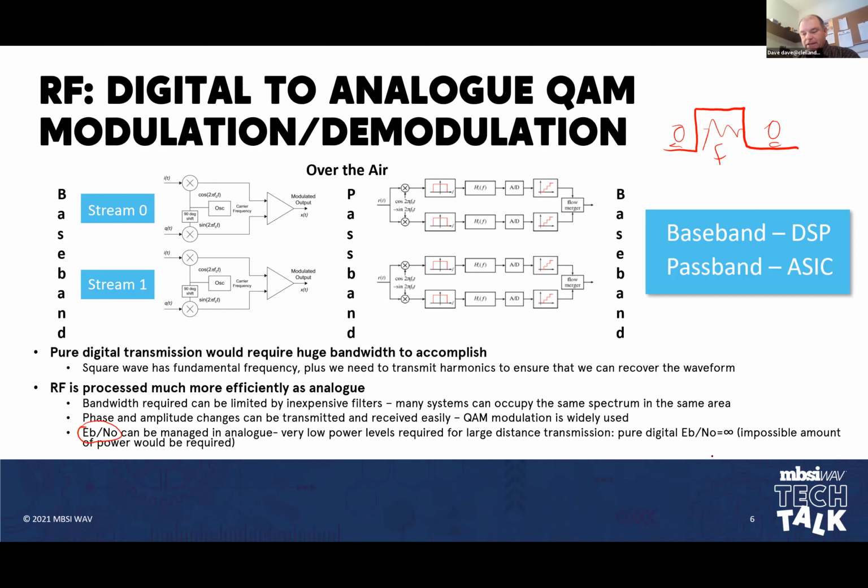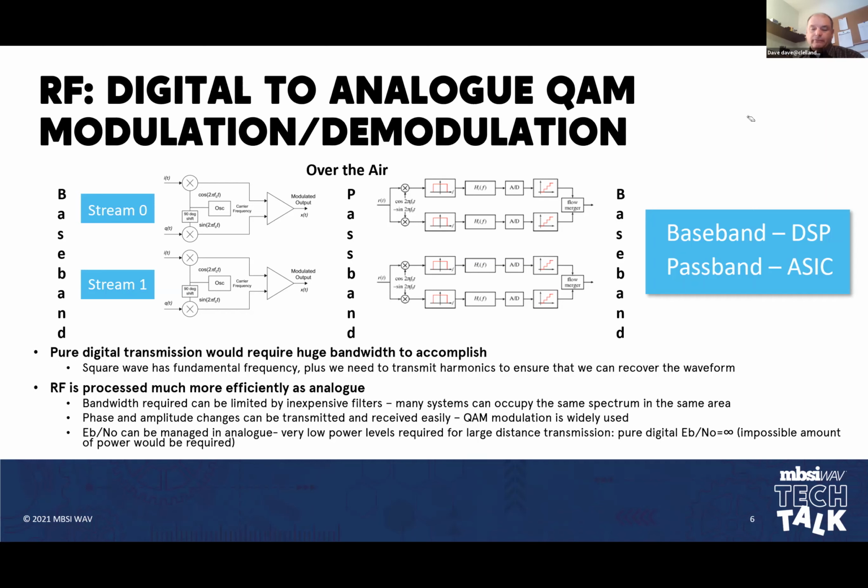Pure digital is nearly infinite, so it's an impossible amount of power that would be required to go from a very short distance. Whereas in analog, the signal over noise can be managed in a much more efficient way, and so I can get a farther distance with analog than I can with digital when passing the same amount of data.